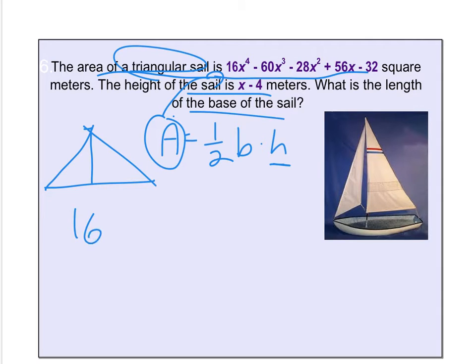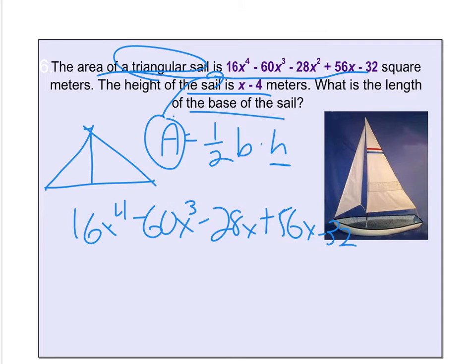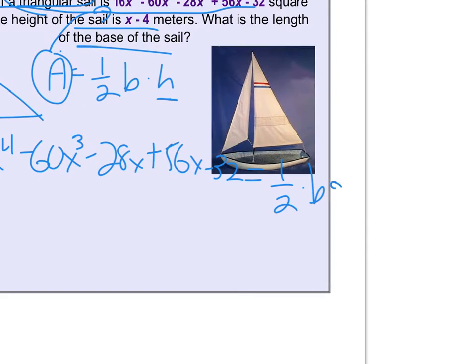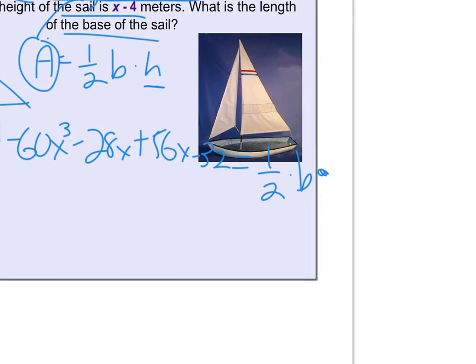So minus 28x, 56x, minus 32. All that equals 1/2 times the base times x minus 4. So I've got this 1/2 I have to deal with. Now the easiest way to deal with that would be just to multiply both sides by 2.